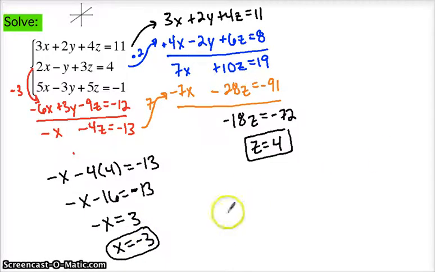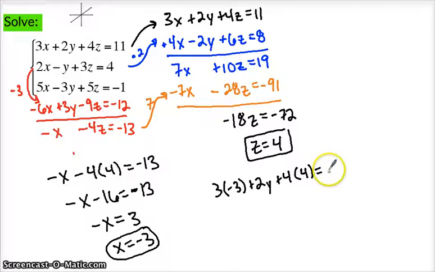And then finally, if we head back to our original equations, I can plug both x and z in. So 3 times x plus 2y plus 4 times z, which we know is equal to 4, equals 11. And it doesn't matter which equation you pick, all three equations should give you the same y value.